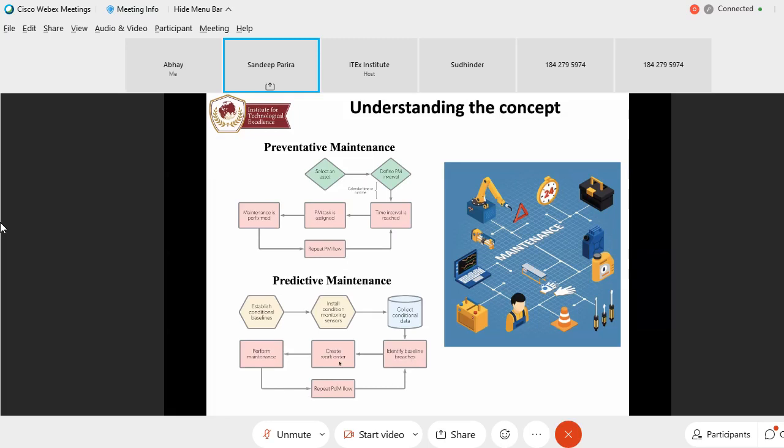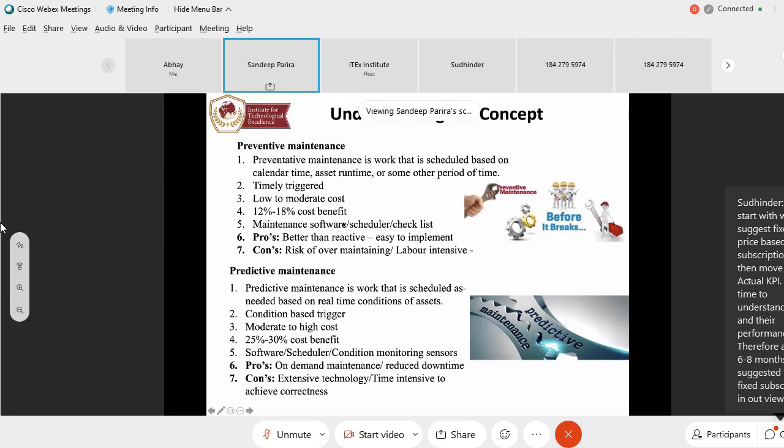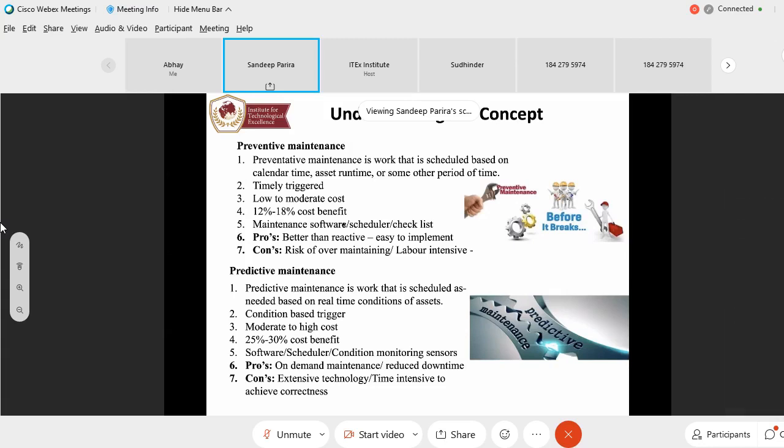So the difference between the concepts is that preventive maintenance is work that is scheduled based on a calendar, or asset run time, or some other period of time. You can predict that based on number of hours or a calendar time. In predictive maintenance, it is scheduled as needed, based on the real time conditions of the assets.